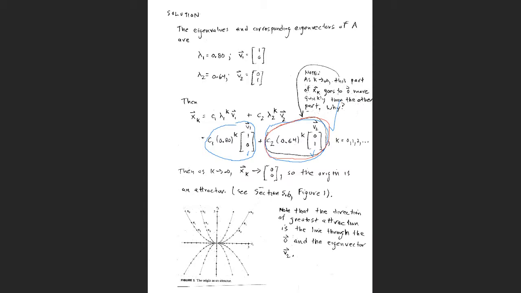So as the trajectory moves in towards the origin, what has to be happening to k as the trajectory moves into the origin? What's k doing? The value of k.